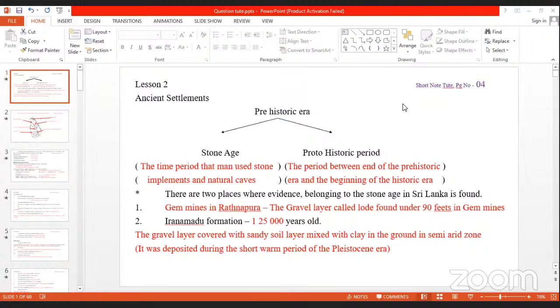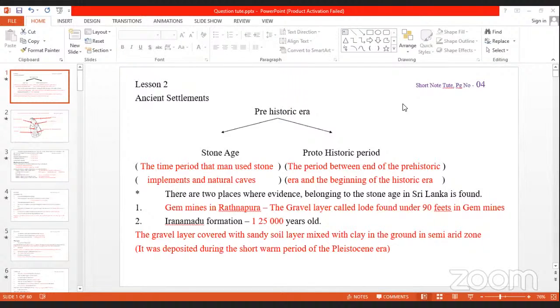In my slideshow, the red color print is the things that you have to write in the blanks, and the black color things are the things that I have given in the tude. So first we will be starting with the short note tude, page number 4.